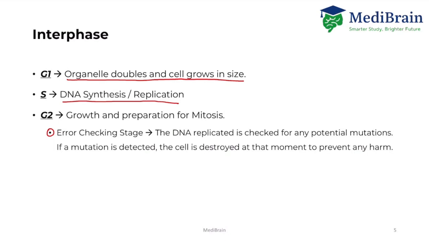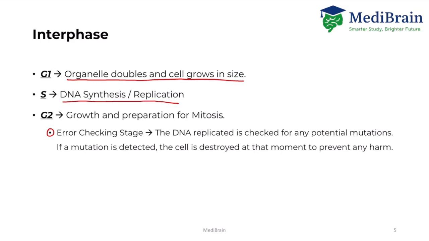So, for example, if you have a mutated piece of DNA, that DNA will be passed on cell to cell to cell, and it will produce loads of body cells which also have mutated DNA. If you have mutated DNA, you can't code for the normal proteins that you would expect to be produced within your body. And if you are not producing the normal proteins, your body won't function properly.